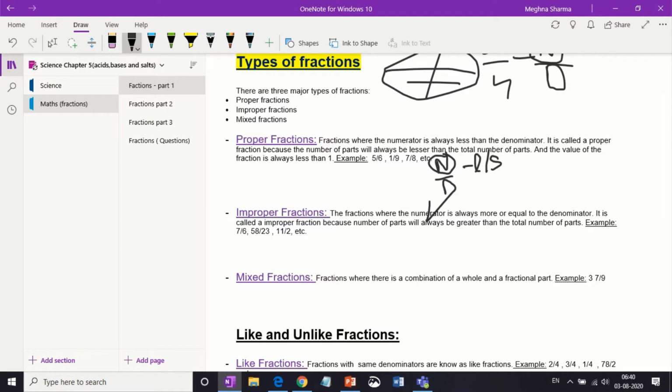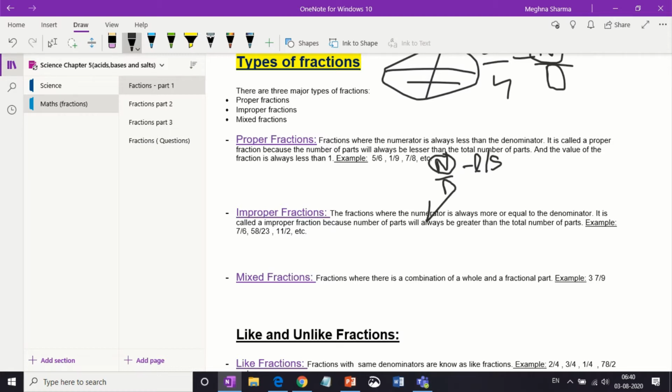And as the denominator consists of the total number of parts and the numerator consists of the shaded or eaten parts, this fraction will always be less than the total number of parts and the value is always less than 1.